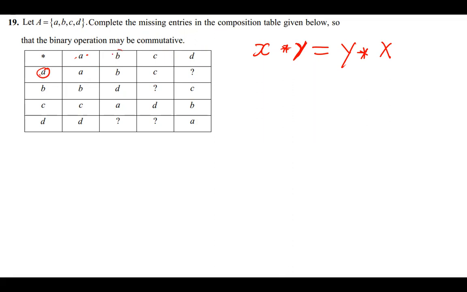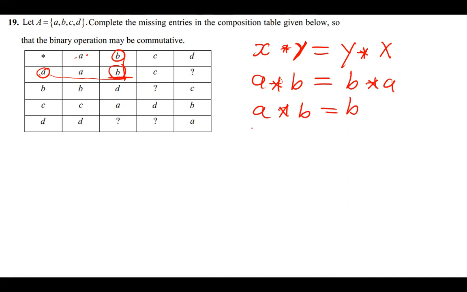The meeting point of A and B there is B. For this to be commutative, A star B is supposed to be equal to B star A. So A star B is B. Let me also try to find B star A. So this is just an example I'm giving. I've not yet started solving the question. So let me also try to find B star A.